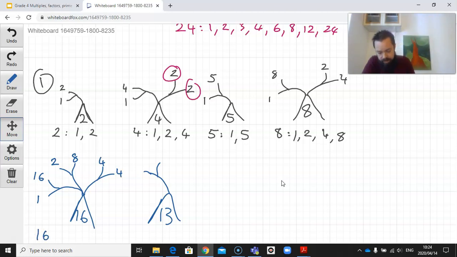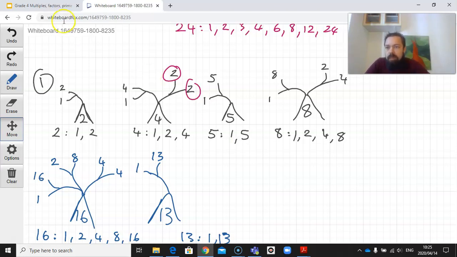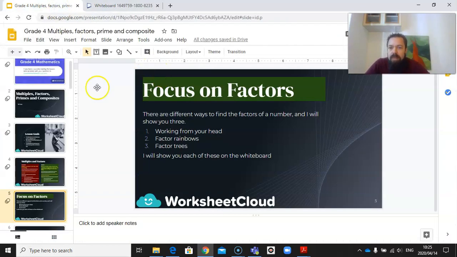So 16's factors are 1, 2, 4, 8, and 16. Oops, we ran out of space. 13, well, 1 and 13 go in, and in fact those are the only ones that go in. So 1 and 13. We're running out of time a little bit, but I think we still have time for primes and composites.